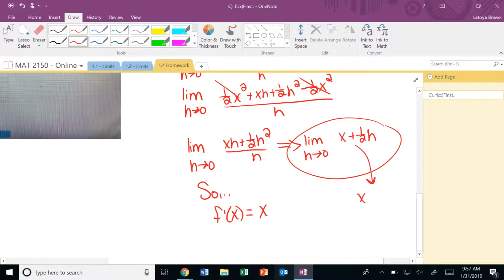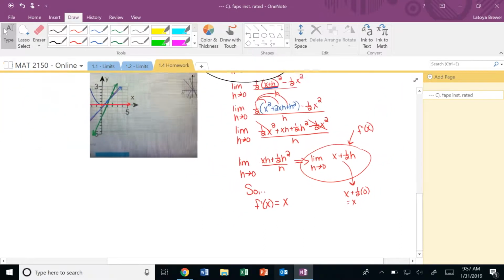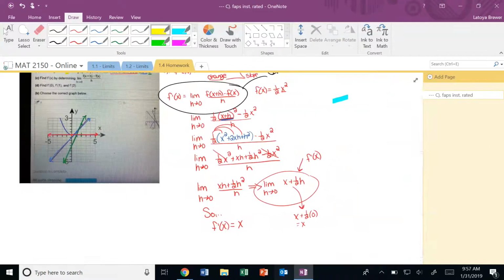I got that by taking that 1/2 h and replacing h with 0. 1/2 times 0 gives you 0, which just leaves you with x. And this is your derivative. Because if you look at the top, I told you that your derivative was equal to the limit of f of x plus h minus f of x over h.